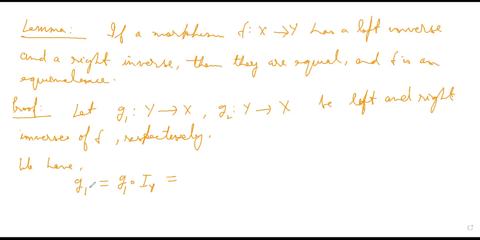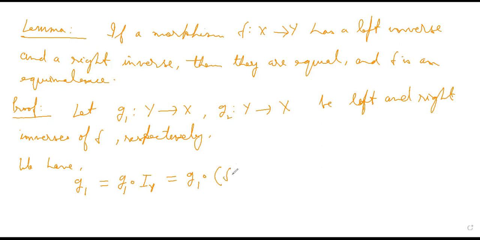This is property of identity morphism for y. This is this equal to this, and this is your post because your G2 is a right inverse of F.